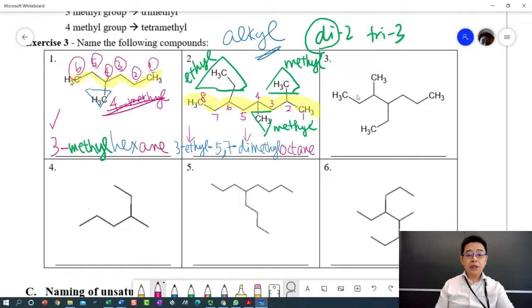So if I put it here, that will become 2, 4, 6. So let me change a bit. 2, 4 will be methyl, will be dimethyl. And then the ethyl will be at 6.